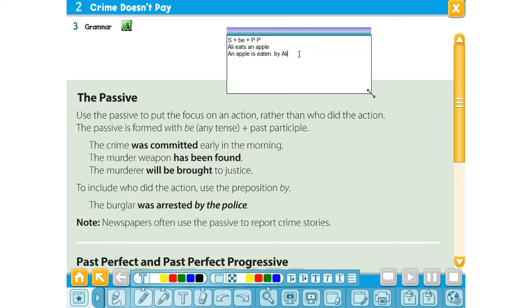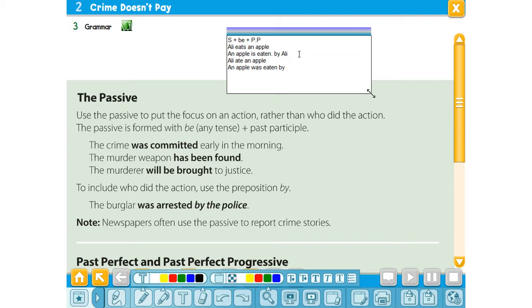Okay, what if we have Ali ate an apple? Ali ate an apple. This is in the past. So we should say an apple was eaten by Ali.